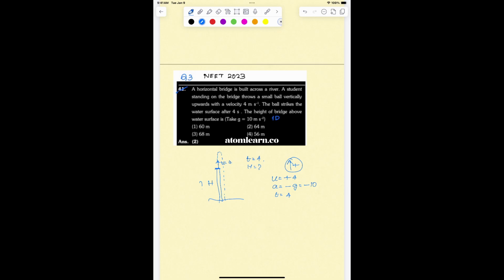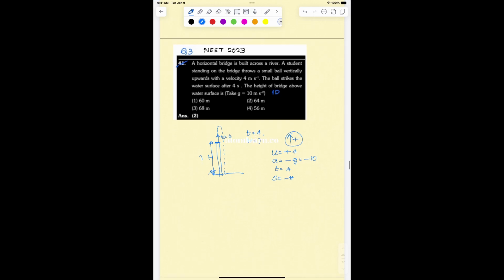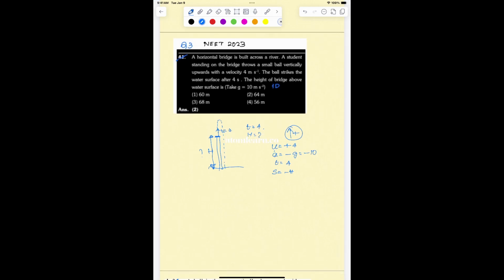What is asked for is displacement. I'm going to call it minus h, because the initial point is the top and the final point is the ground below, so the vector direction is downward, and downward is negative. Therefore, the variables u, a, t, and s are obvious. Then we have to use the second equation, s equal to ut plus half at squared.